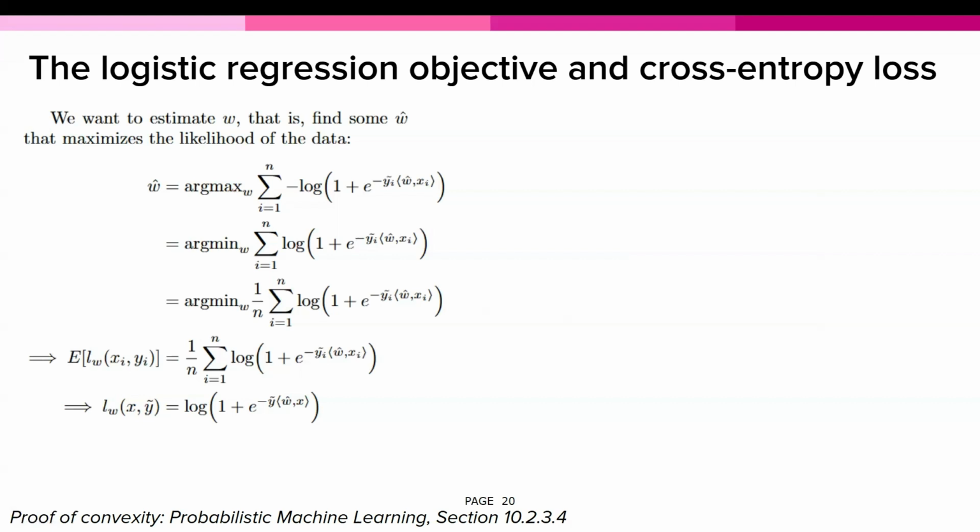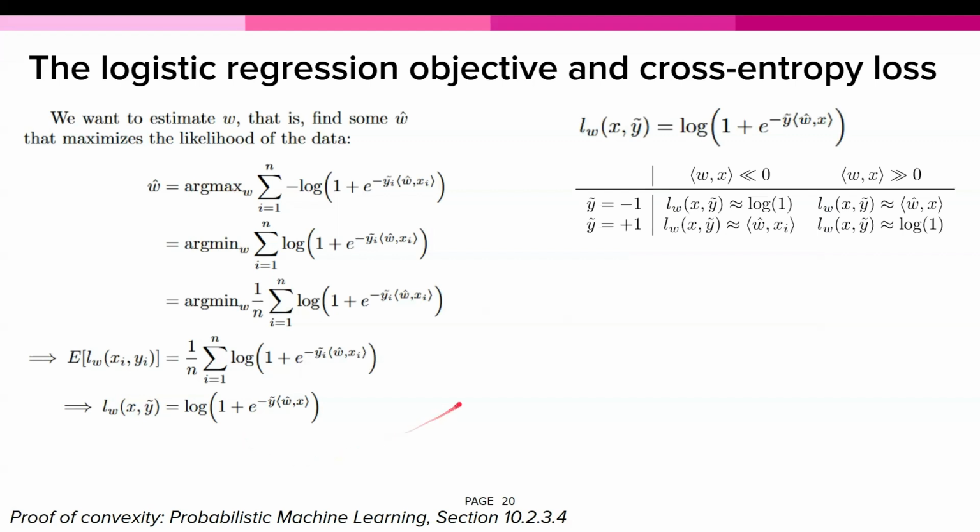Okay, so let's see if we can build some intuition for how the cross entropy loss function penalizes the model's predictions. I have in this table two cases: a row where the label is positive and a row where the label is negative, and then a column for when the inner product of W and X is very negative, and one where it's very positive.